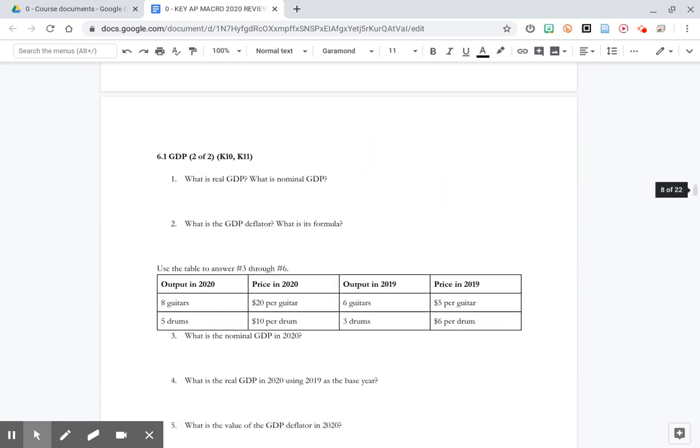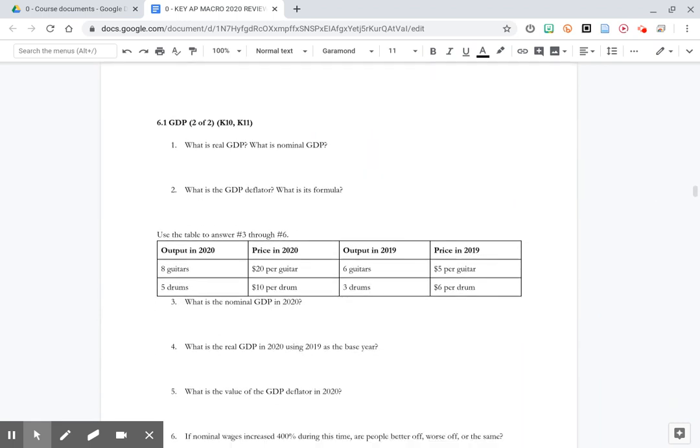Okay, now we're going to switch gears, talk about GDP, and try to make some adjustments to it. We have two ideas of GDP. One is real GDP and the other is nominal GDP. And real GDP is adjusted for price levels or inflation, whereas nominal GDP is the GDP given in a current year's prices.